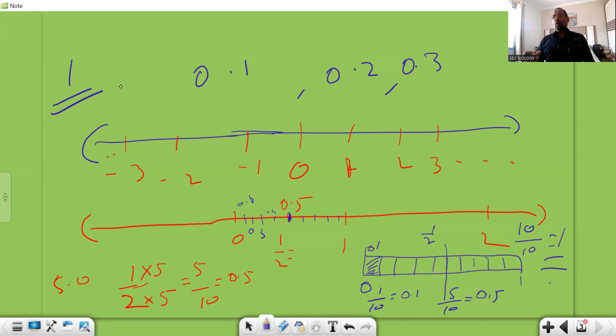One chocolate, one apple, one orange. You can slice the orange into 10 pieces. If you eat one slice, that is 1 by 10. Or you can tell your mother or father or sister, 0.1, please give me. Understand? Today at home, all of you please take an orange.